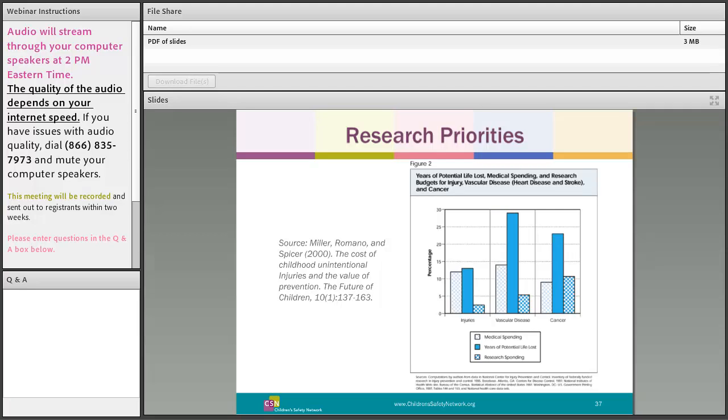Injuries kill a lot of young people. Heart disease kills a lot of people who may be in their 40s, and you add all those up, and the years of potential life loss will be higher for vascular disease than injury. So that's my guess. It has to do with both the age of the victims and the number. Got it. Okay.